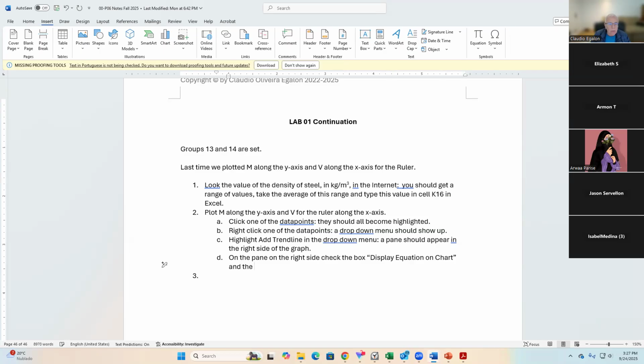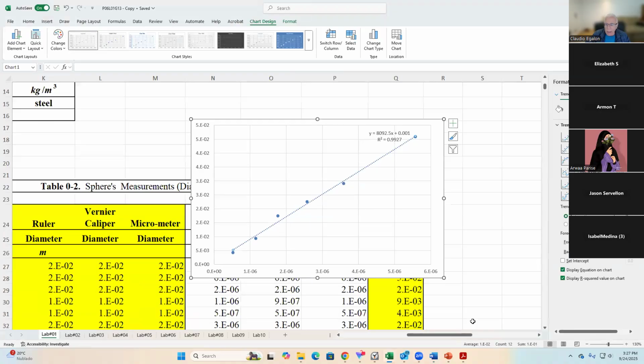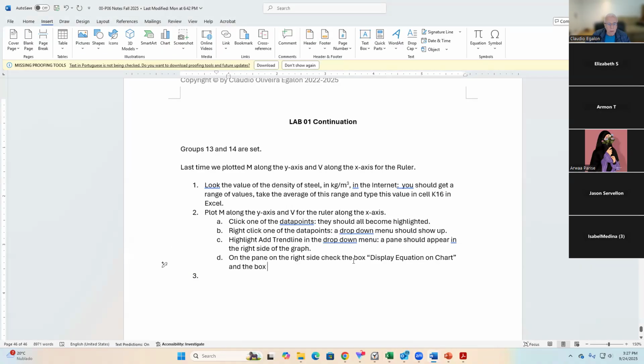You're going to use those two pieces of information, the equation and the R² value on chart. You're going to use them, okay?